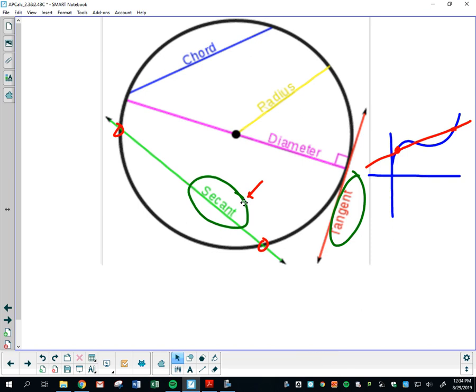And a tangent line in the circle just nicks that circle at 1 point, and a tangent line on a function just nicks that function at 1 point. If you continue it on, it might hit again, but we're really talking about local tangency. This is the local area, and you're going to hear that word a lot when we talk about local linearity.